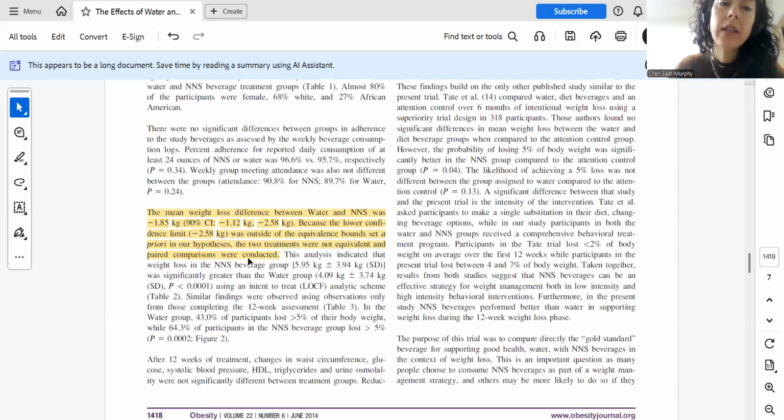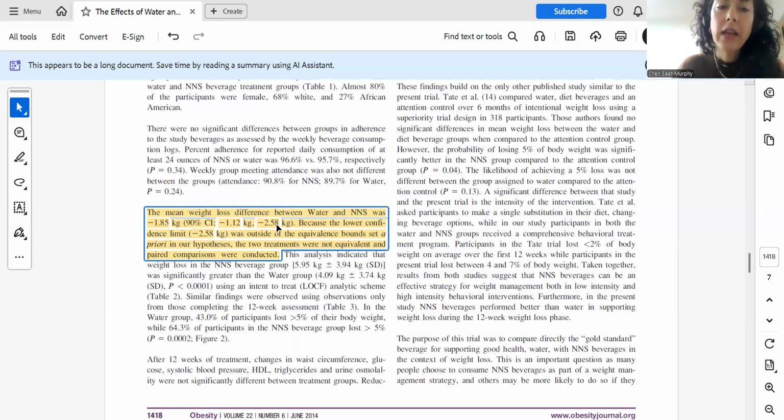And this is where they explain it. So they say the mean weight loss difference between the water and non-nutritive sweetener was minus 0.885 kilograms, which is greater than the limit that was set.